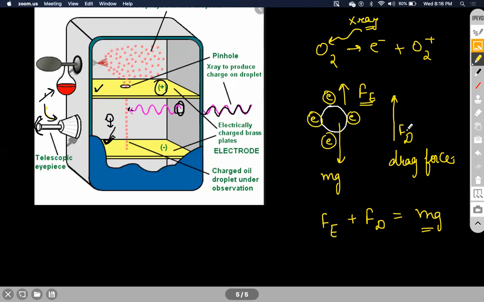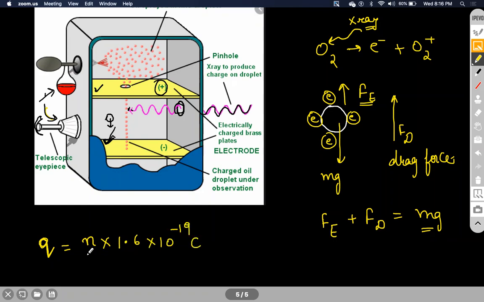If you know the volume, you can calculate the mass of the oil droplet, and you know the drag force. I'm not going into that discussion of the drag force. What he observed when he equated these forces was that the charge Q on an oil droplet came out to be an integral multiple of 1.6 into 10 to the power minus 19 coulomb.